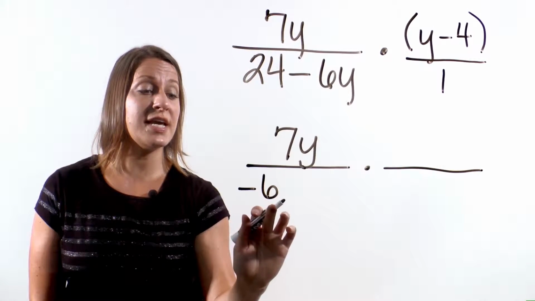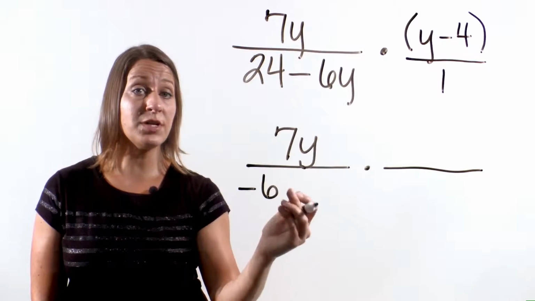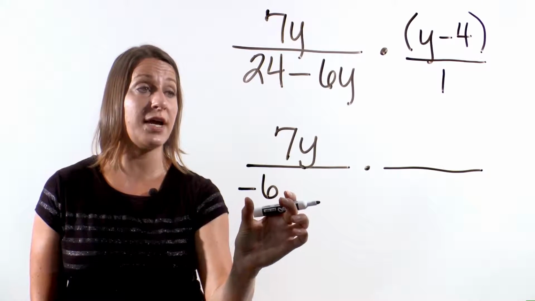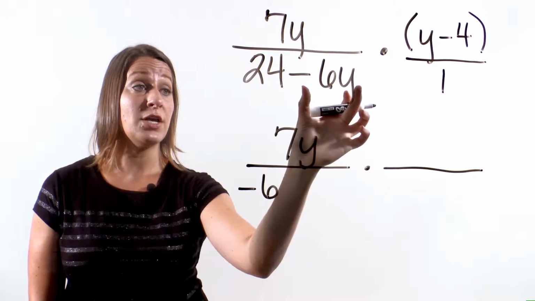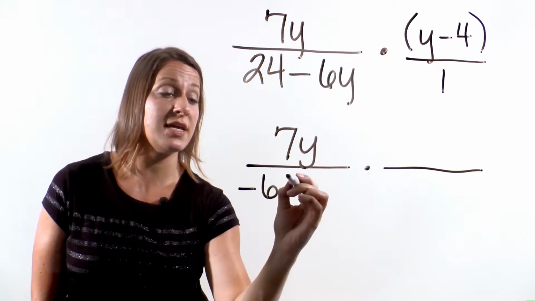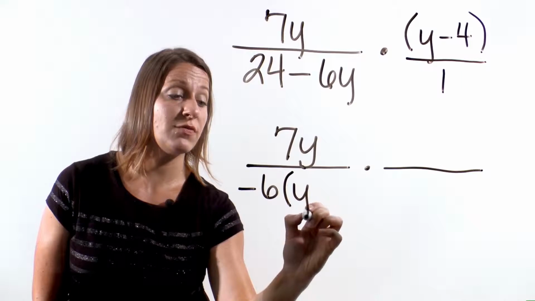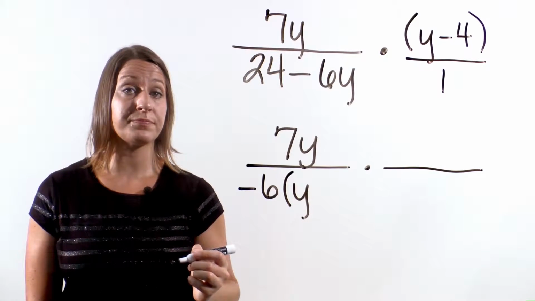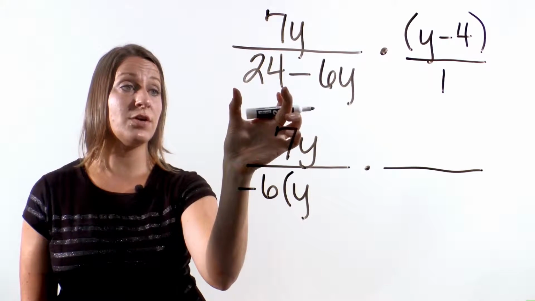So if we factor the negative 6, I'm going to put this in descending order at the same time. So I'm going to start right here. If we have negative 6y, if we factor out a negative 6, we're left with a positive y. Now I'm going to go to my 24.